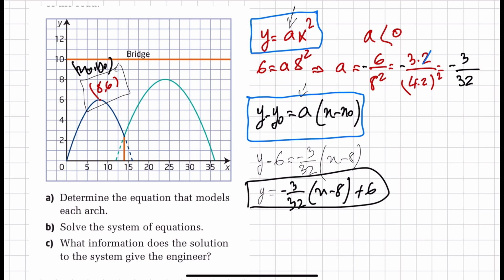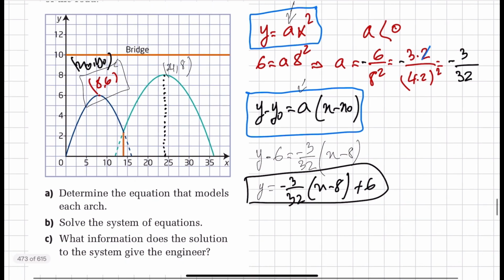For the other part of the parabola, I need a point. I can look for the middle one, which is here, and it is 24. So my point is x is 24 and my y is 8.